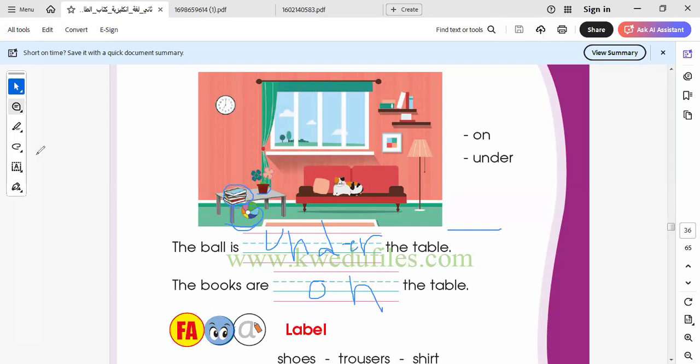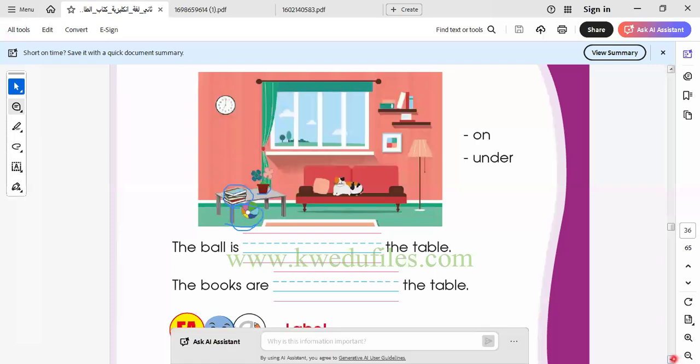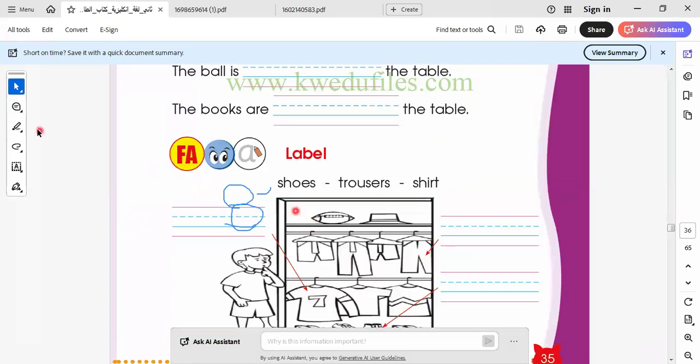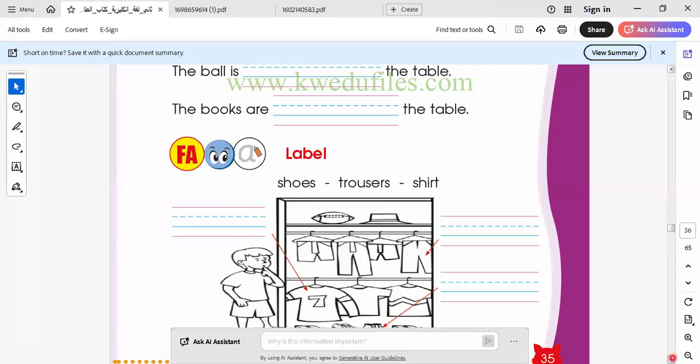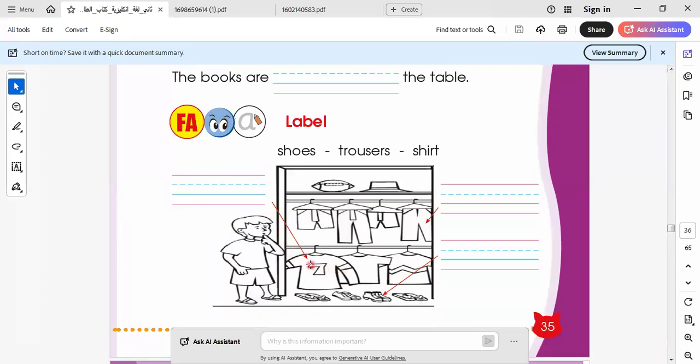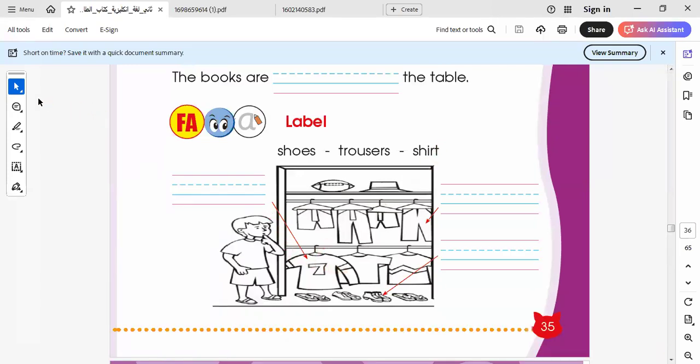Let's go to another item in this unit. Here is a label, and these are the words related to each label. What is this one called? This is a shirt, so I write here shirt. This is shoes. Here is what?